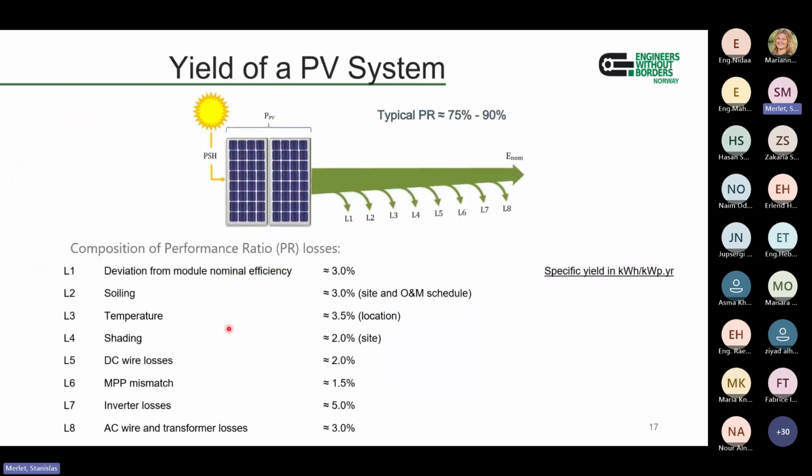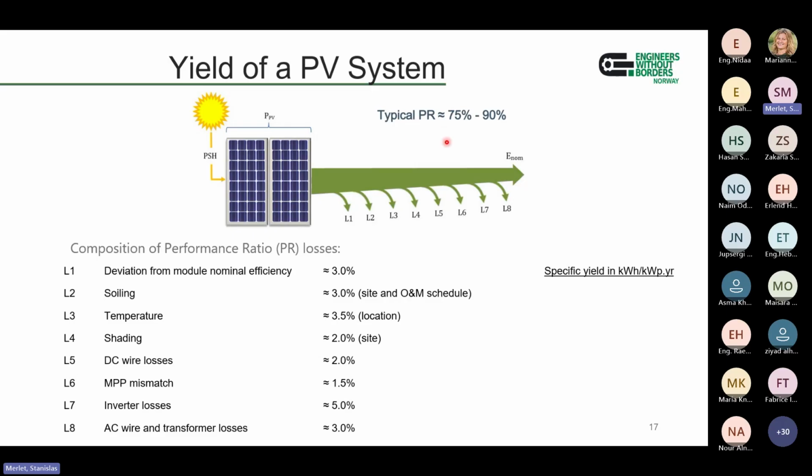And all of these losses actually lead to the whole yield of the PV system. So if you consider the irradiation hitting your module, then you will have a series of losses that will lead to your nominal energy. The sum of all these losses in a PV system, we call it PR, for performance ratio.